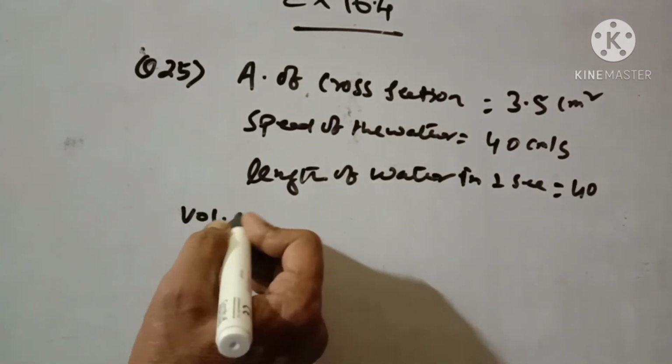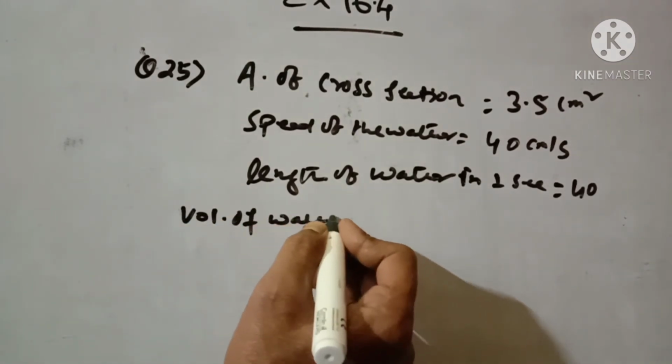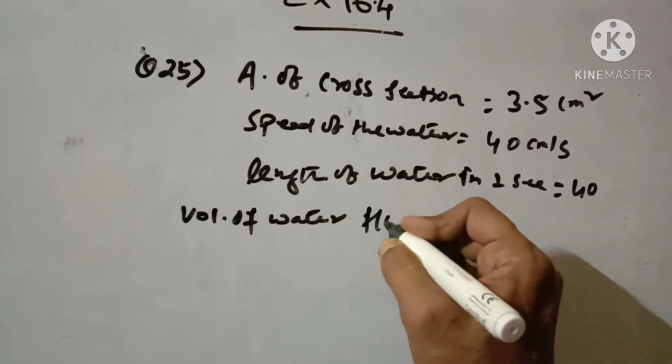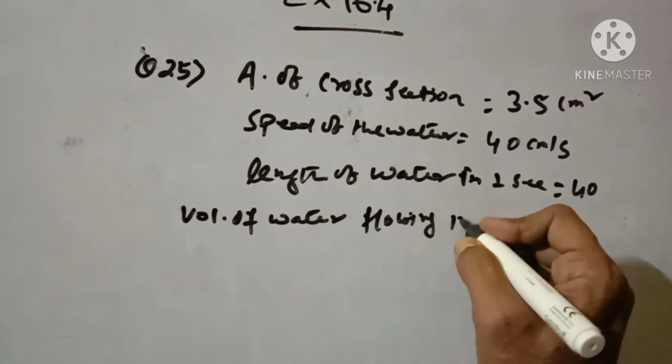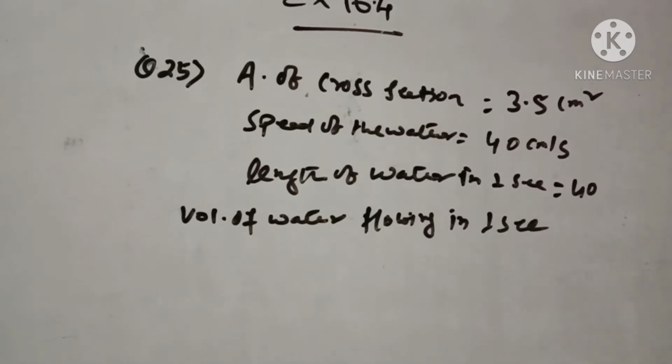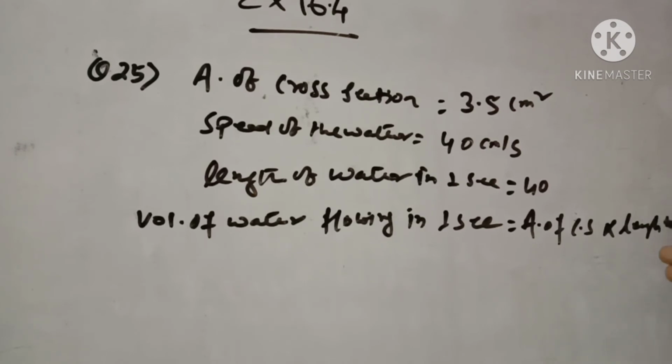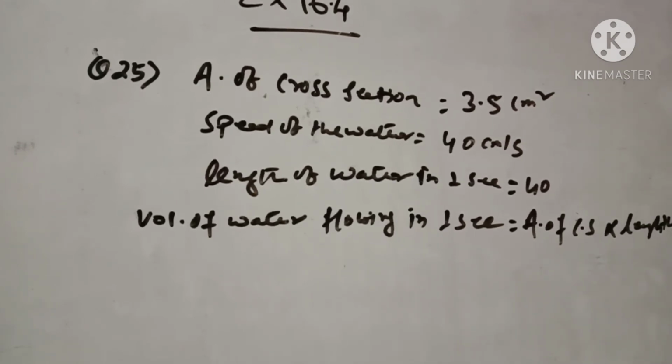Now the volume of water flowing in 1 second is equal to area of cross section into length.